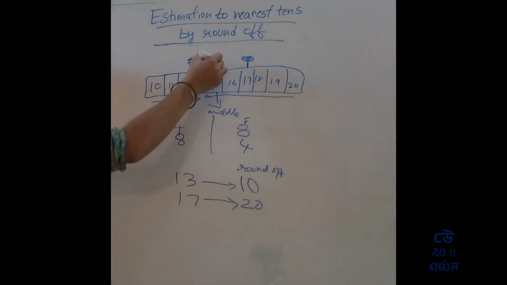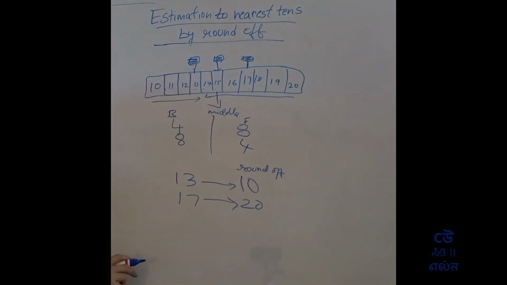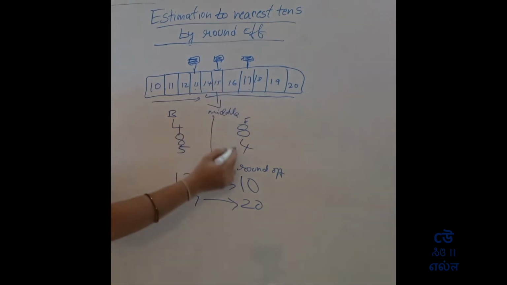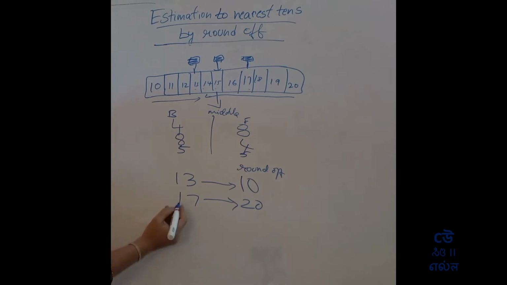Understood? Next, let us take 15. So 15 is the middle number, right? 1, 2, 3, 4, 5. It's in 5th position. Here also 1, 2, 3, 4, 5. It's also in 5th position. So as I told you, if we get the middle number, that is 5, to which number will we be rounding off? We will be rounding off to the bigger number, that is 20.